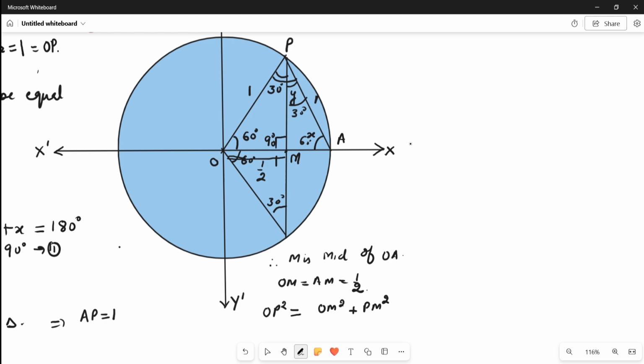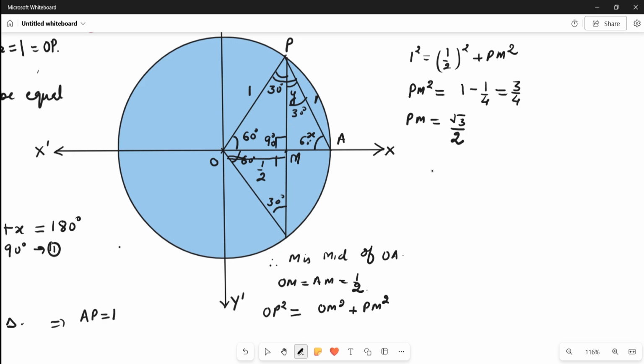Put the values here. OP is 1 square equal to OM is half square plus PM square. Therefore, PM square is equal to 1 minus 1 upon 4 means 3 upon 4. Therefore, PM is equal to root 3 upon 2.